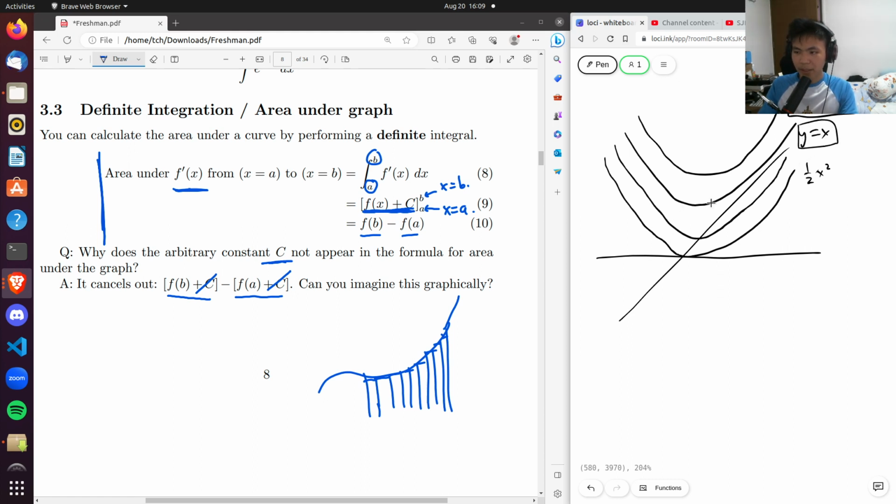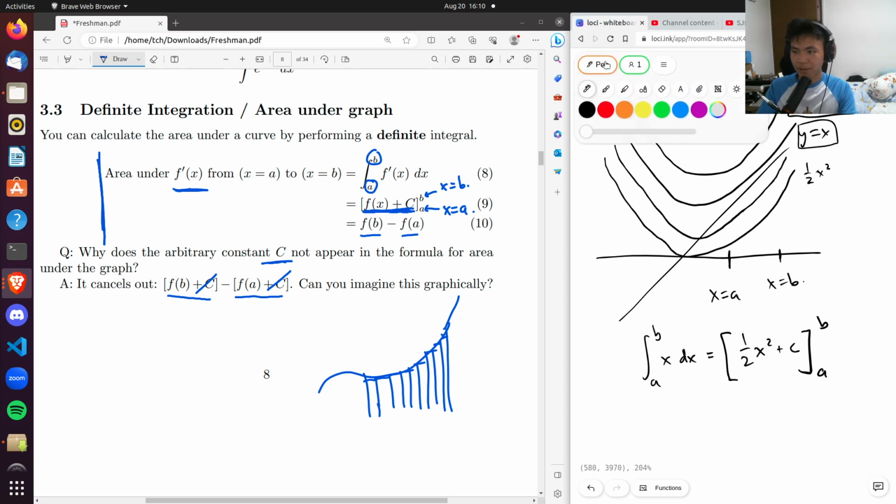And if we want to find the definite integral from x equals a to x equals b, remember that the definite integral from a to b of x dx is half x squared plus c evaluated at b and a, taking the difference of this function at these two endpoints.